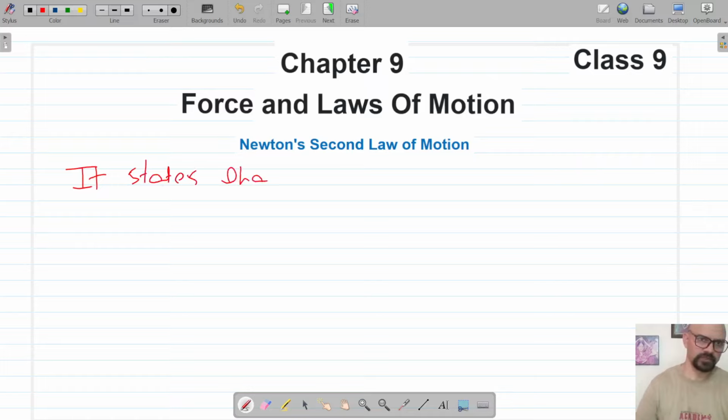So we can say that Newton's second law of motion states that the rate of change of momentum. We will also find out or derive its mathematical formula and hence define 1 Newton.